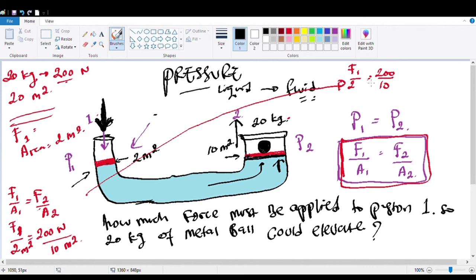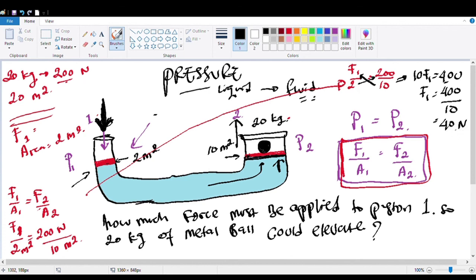Cross multiplication is 2 times 200 and 10 times F1. So 10 F1 equals 400. So F1 is 400 divided by 10, so it's 40 Newton.